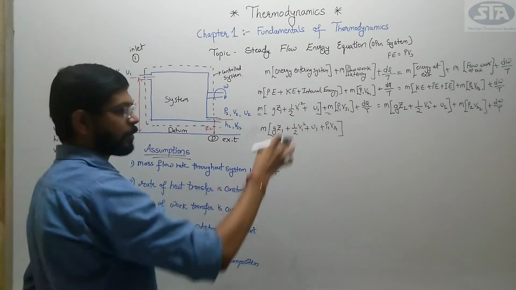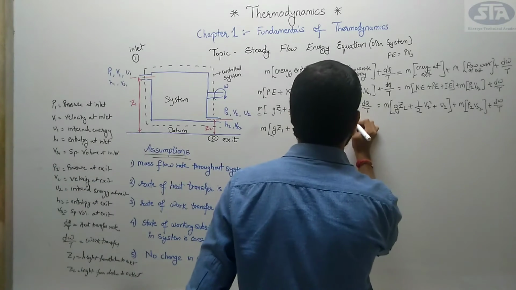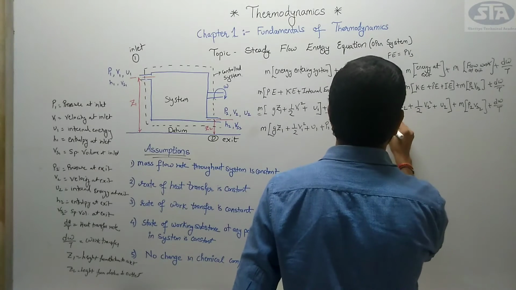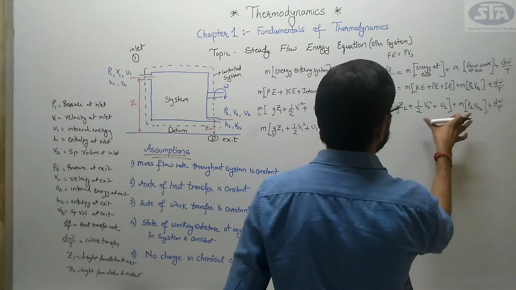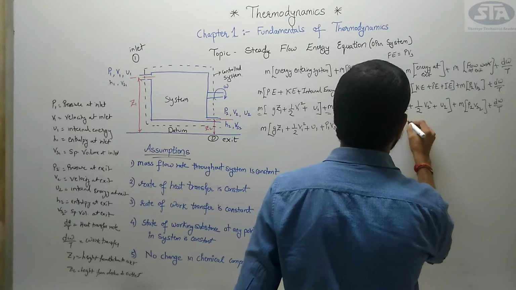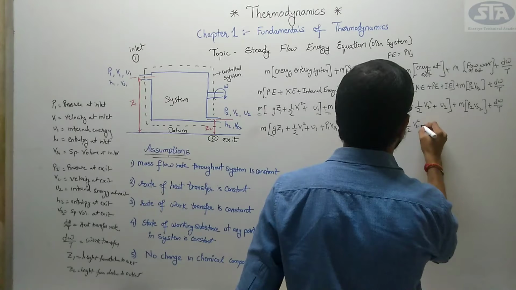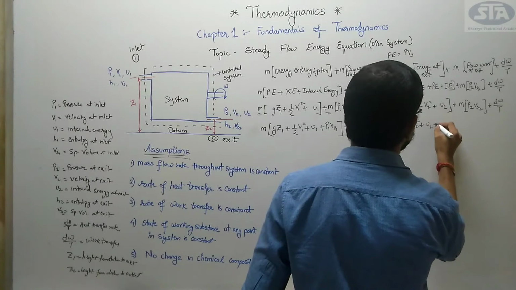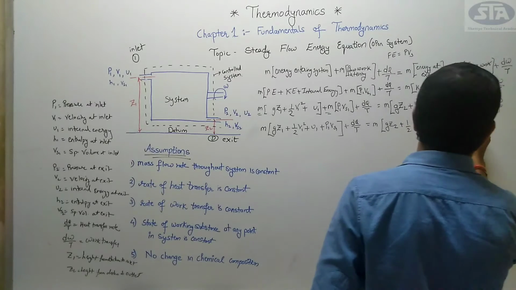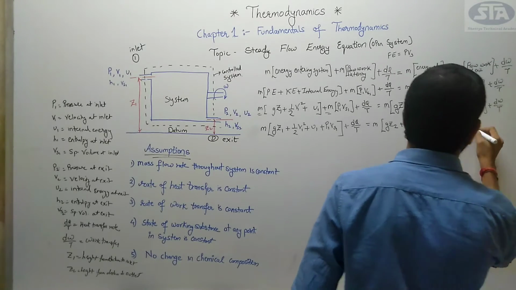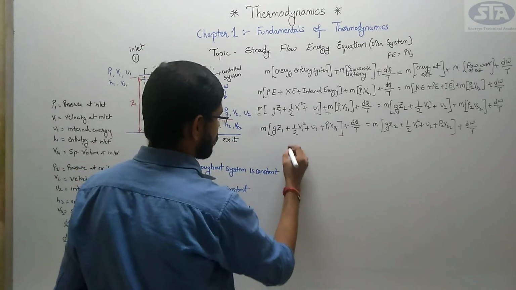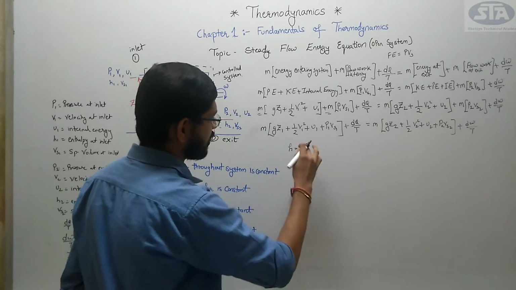I have added these two brackets, plus dQ by T equals m into, similarly I am doing this for the second, at exit point, gZ2 plus half V2 square plus U2 plus P2 Vs2, right, plus dW by T. Clear?